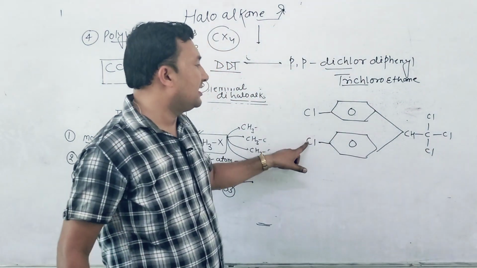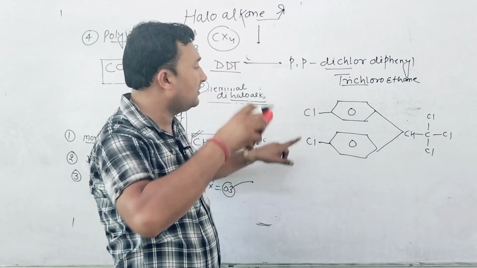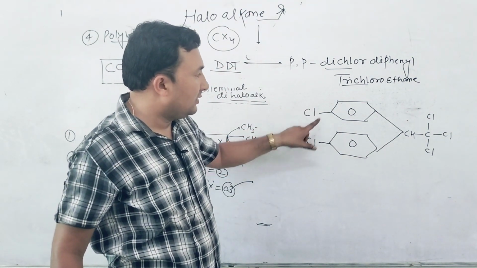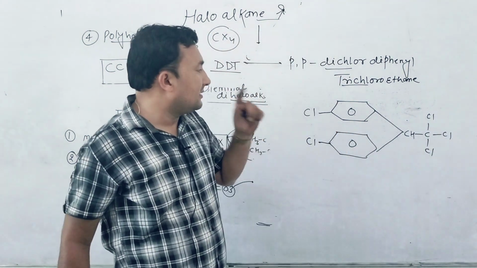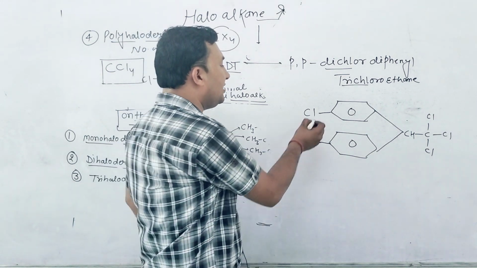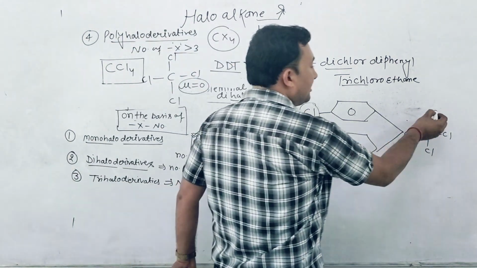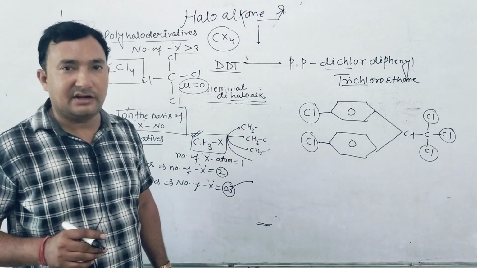If you put that in vertical form, both the chlorines will be in para position. So para dichloro diphenyl trichloro, and this one is ethane. So this is the chemical formula, structure of DDT. Chlorine is 5 in number, and when we are having more than 3 we call it polyhaloderivatives.